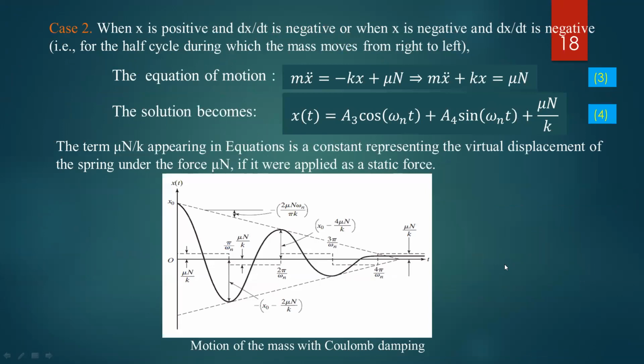During case 2, the equation of motion is m x double dot equals minus kx plus mu N, which is m x double dot plus kx equals positive mu N. Now the solution is also here: A3 cos omega n t plus A4 sin omega n t plus mu N over k.